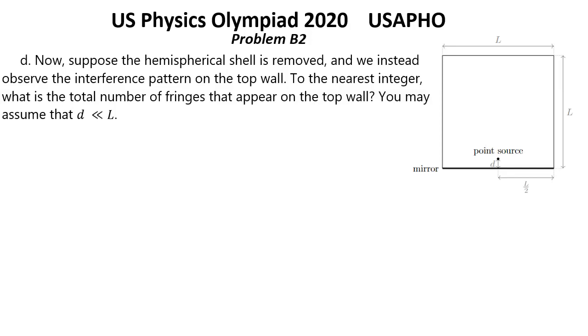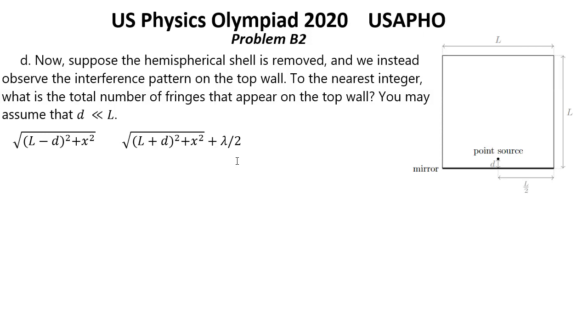Solution for question D. Now the distance between the source and the spot x on the wall is given by the square root, and the distance between the image and the spot on the wall is this one, including phase shift lambda over 2. We do not assume that x is much less than L this time.